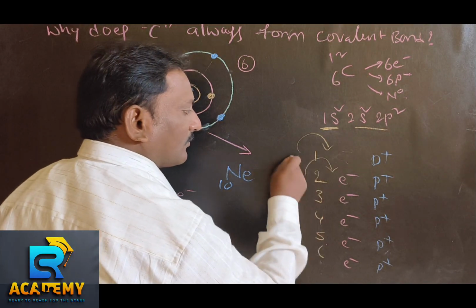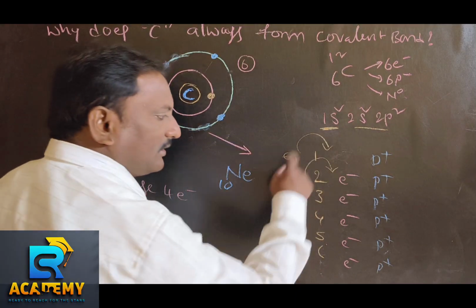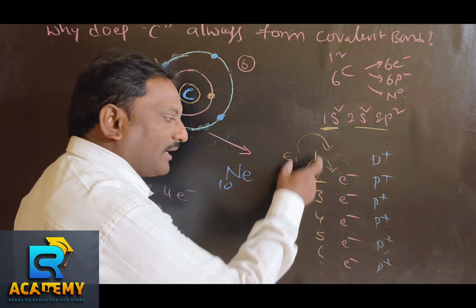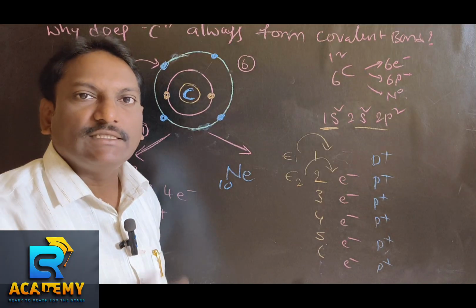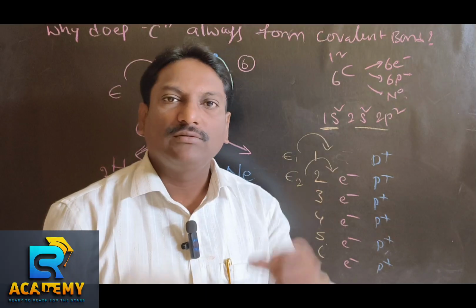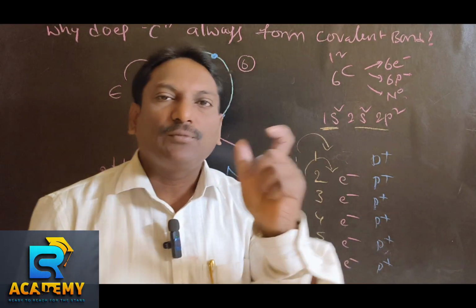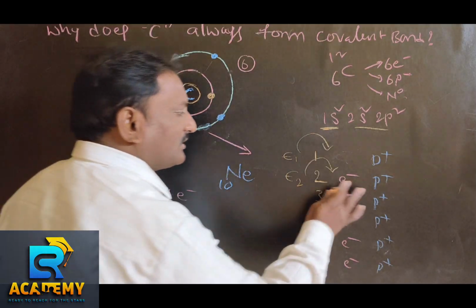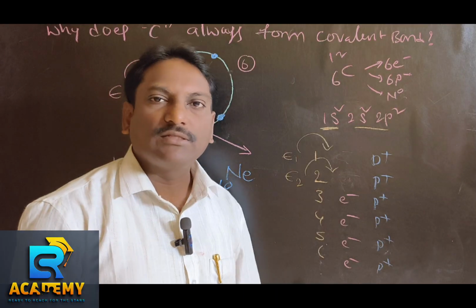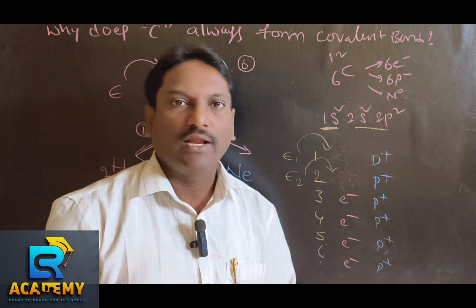The proton density increases whereas the electron density decreases, so the 6 protons strongly attract the remaining 5 electrons. Now let us use energy 1 to remove the second electron. For every turn, the amount of energy required increases, so it is very difficult to remove electrons from the valence shell of carbon. If you remove this electron, the number of electrons is 4 and the number of protons is 6, so the 6 protons strongly attract the remaining 4 electrons.